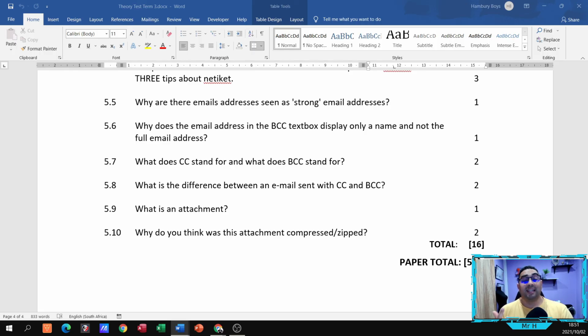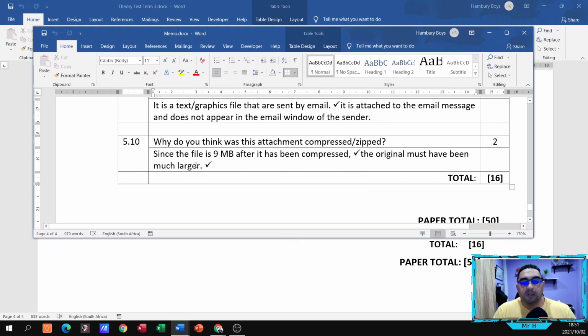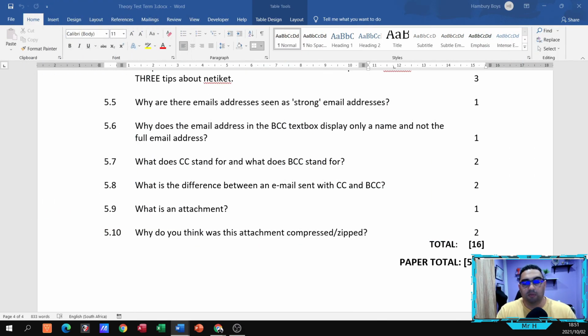Number two, so that it can be sent via email, because a lot of email programs have a limit as to the size of files they can send. So in this case, it was easy for the person to send the email because they made it smaller. The memo does mention here, I'll just have a look at this. Since the file is 9 megs after it's been compressed, the original must have been much larger. Okay, so there's your wording over there.